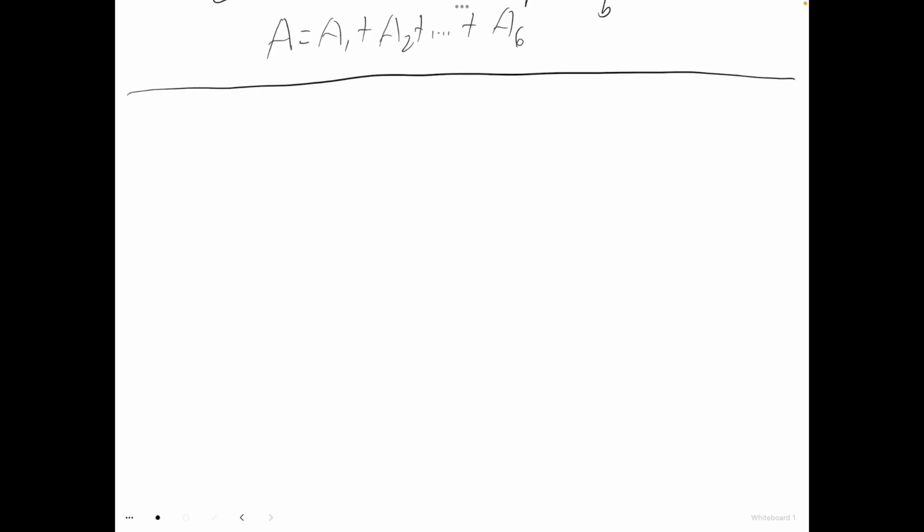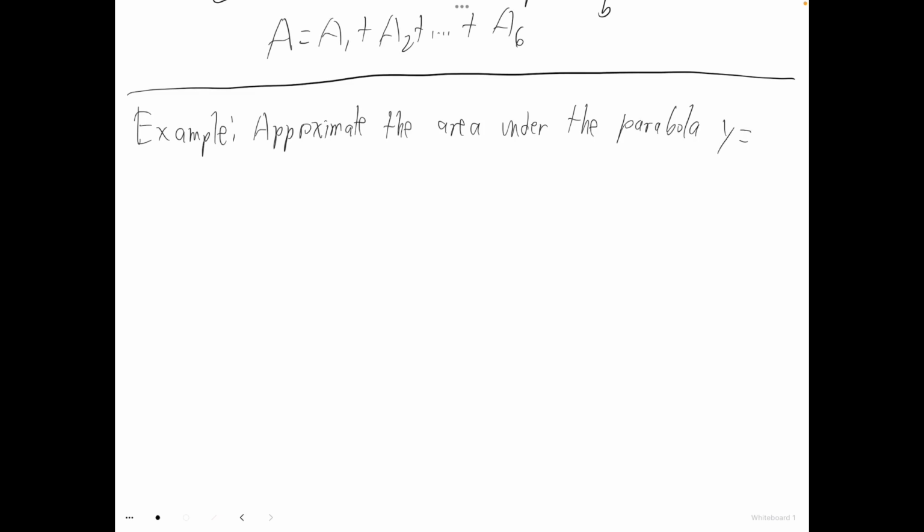Okay. In this example, we're going to approximate the area under the parabola y equals x squared from 0 to 1 using 4 rectangles.